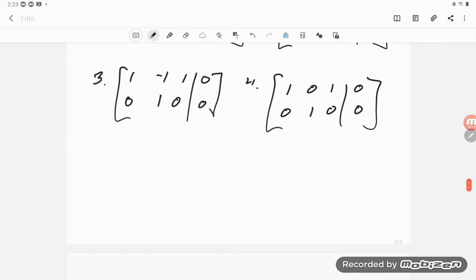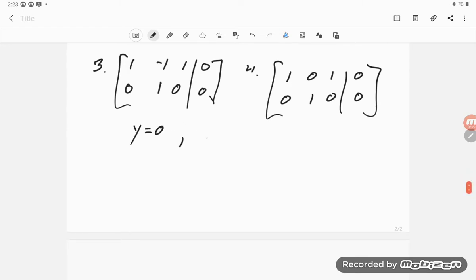And so you see in this case, we do have that y is equal to 0, but x is equal to negative z, or x plus z equals 0.